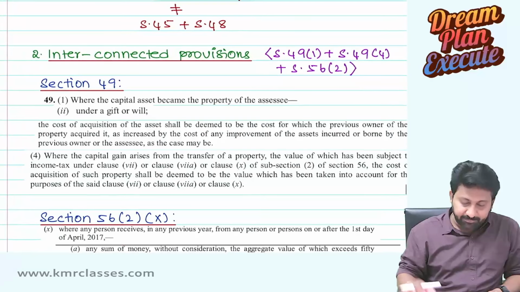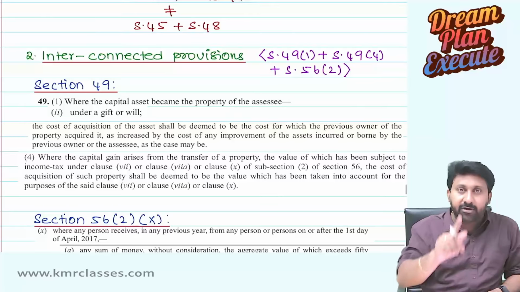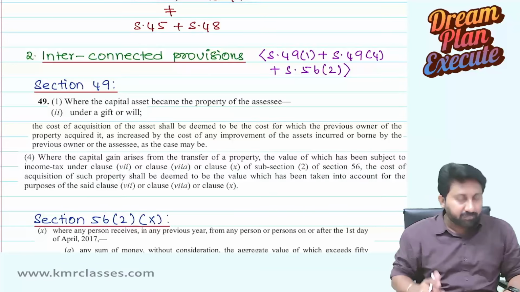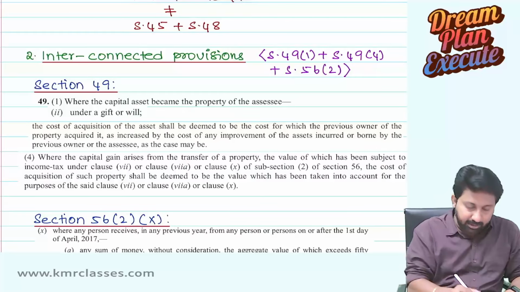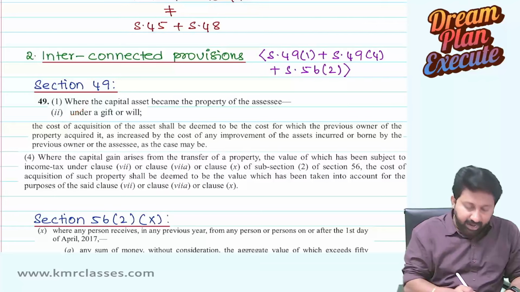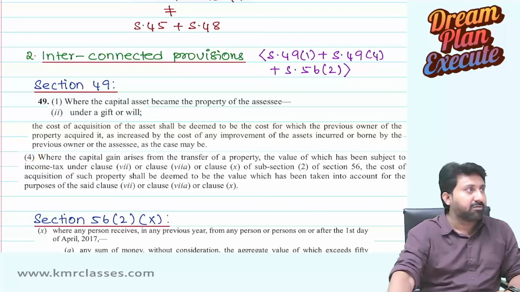Interconnected provisions. Okay. Now I will give time for you. 2 to 3 minutes time I will give you. Your work is very simple. Read 49(1), sub-clause 2 and 49(4). Do your work properly.